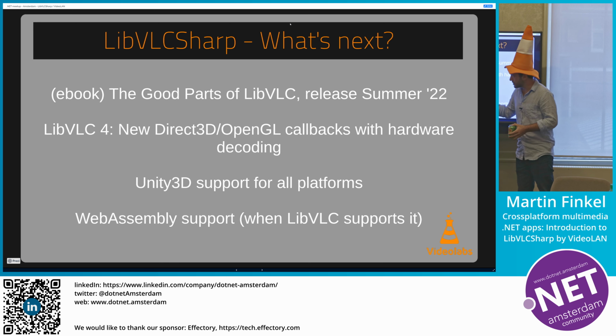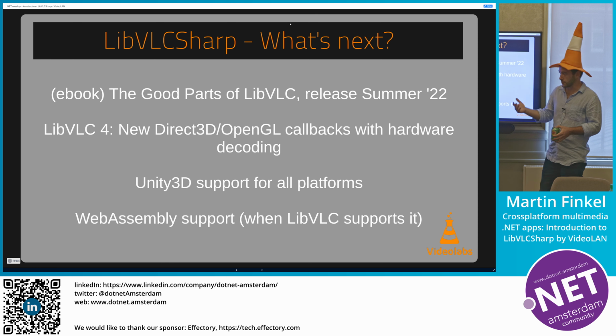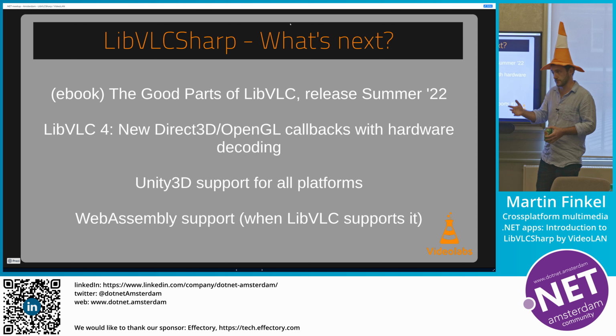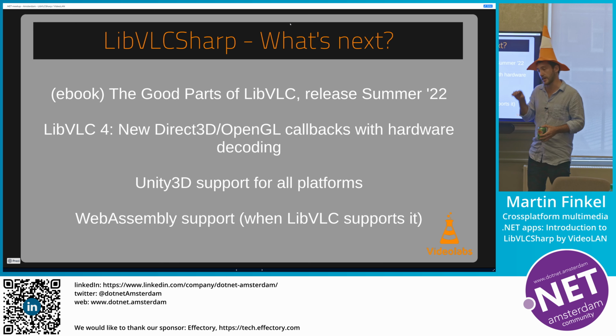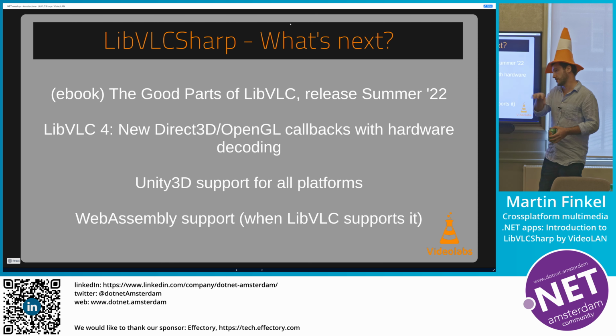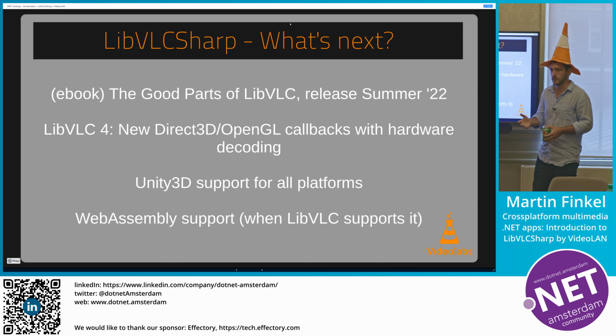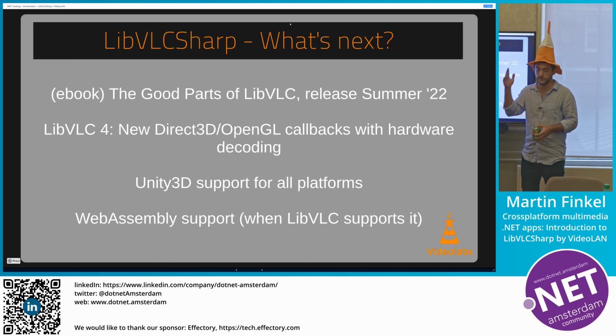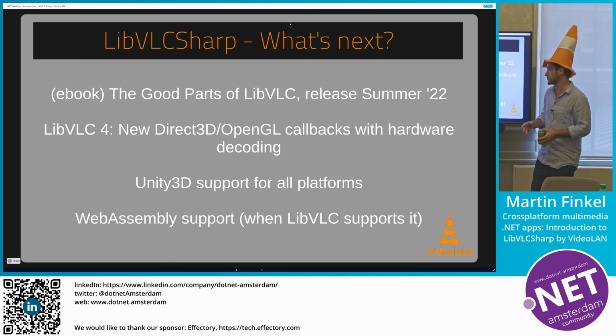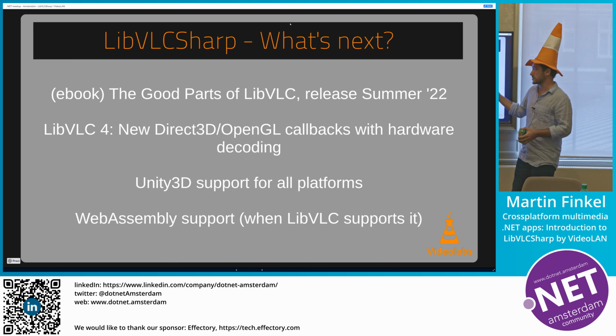So in LibVLC 3, you could get individual frames as byte arrays or span memories from the video using the engine, but that required copies and CPU cross boundaries between GPU and CPU, which killed the performance and resulted in very high memory and CPU usage. So when you had 4K video, it was just not good. They fixed that in LibVLC 4.